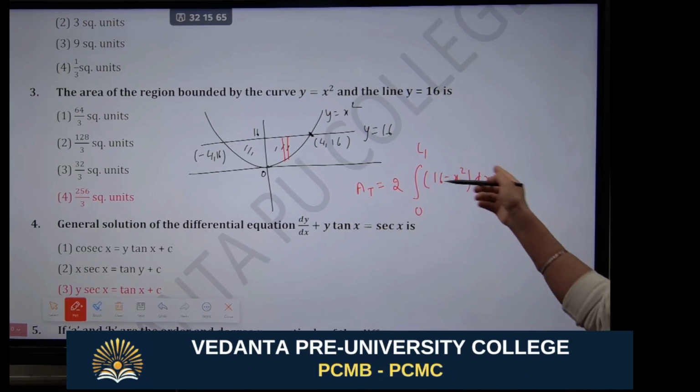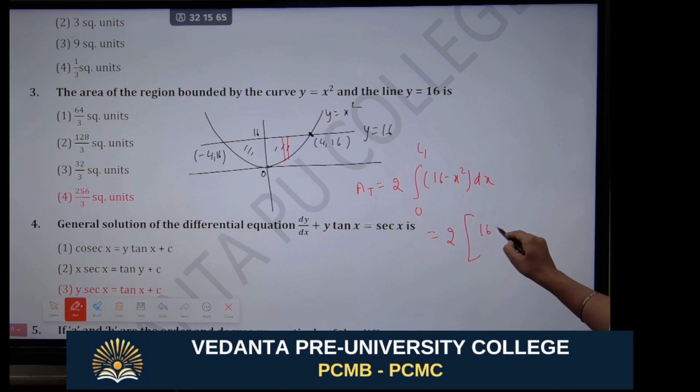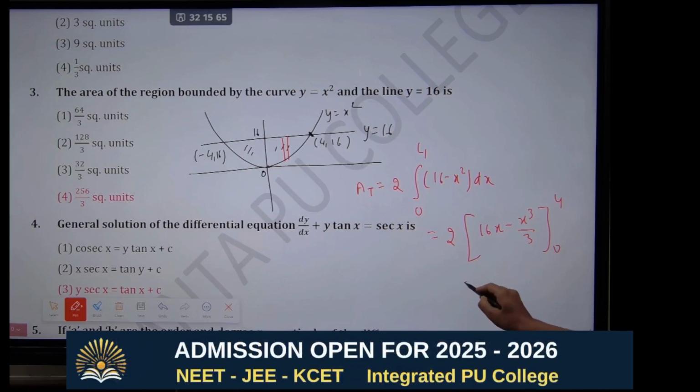Now if you're going to integrate this, this is going to be 2 times 16x minus x cube by 3, 0 to 4. Now substitute the value. After substituting, you will see this is going to be 256 by 3 unit square.